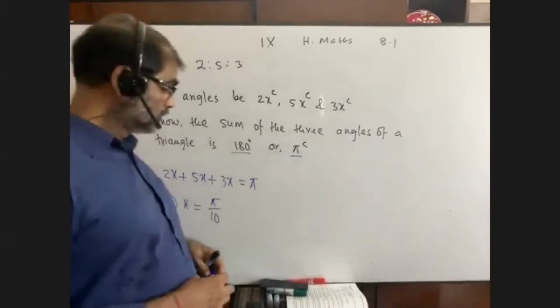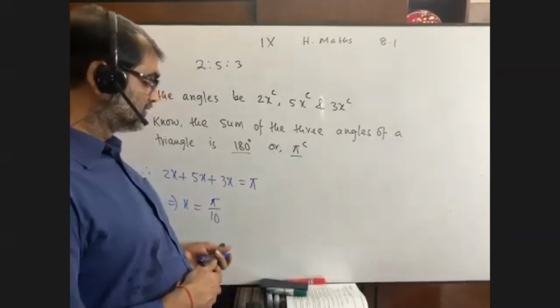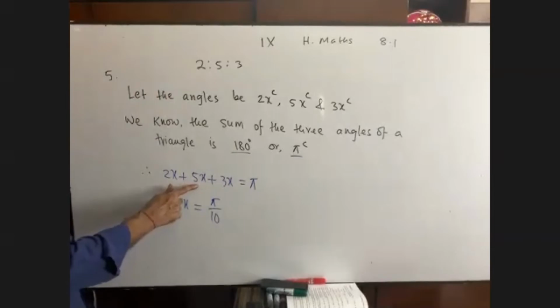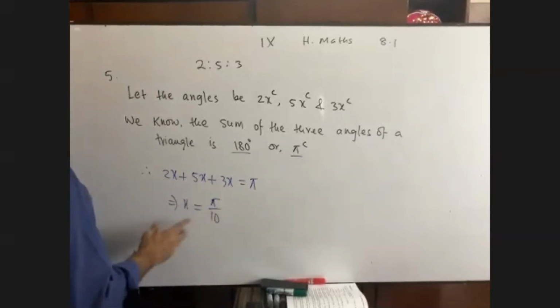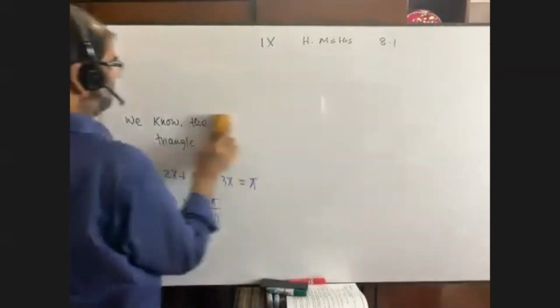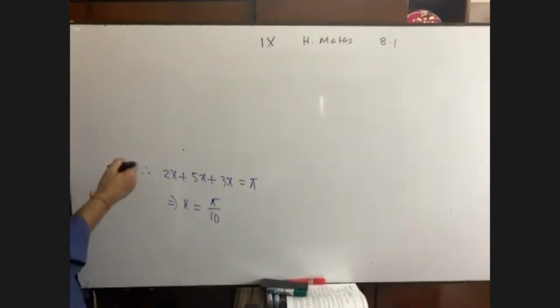It is told here to determine the smallest and the largest angles. Have you got it? 2 plus 5 is 7, 7 plus 3 is 10. So x equals pi by 10. You have to determine the largest angle and the smallest angle.